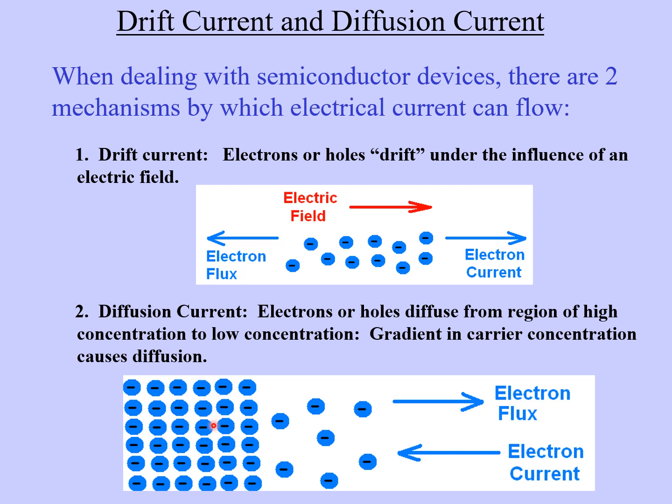So that's what diffusion is all about. It's random motion, but because of the difference in populations, the net flow will always go from high concentration to low concentration. And again, since these are electrons in this example, the electrons are moving to the right, but the electron current is moving to the left, again, because of those electrons' negative charge.